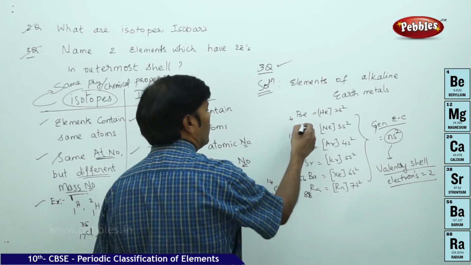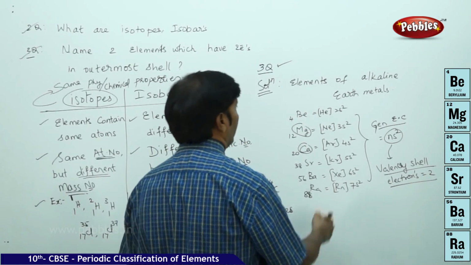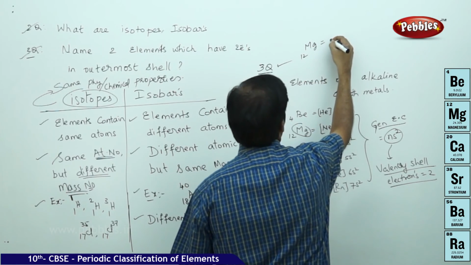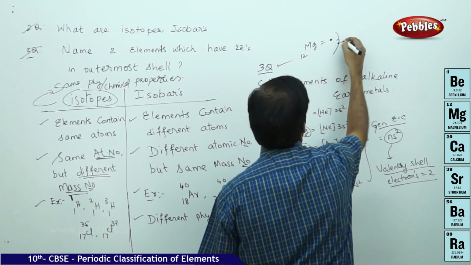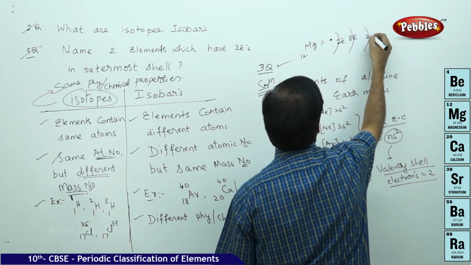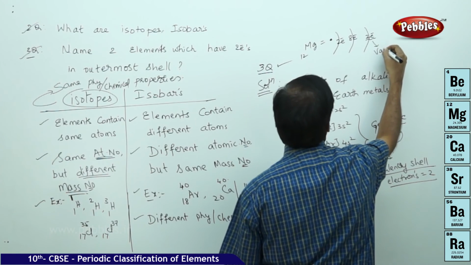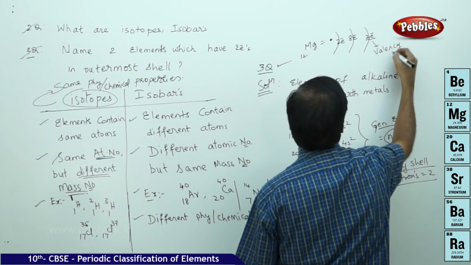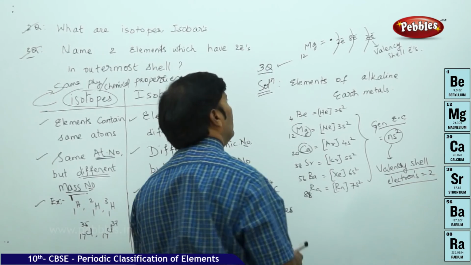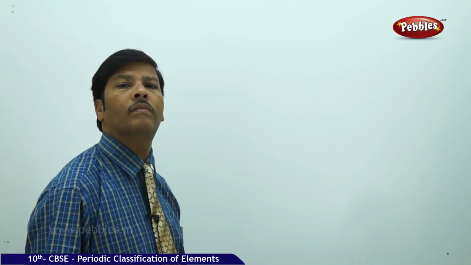You can take any two elements. Magnesium and calcium contain 2 electrons in the outermost orbit. If you take magnesium, atomic number 12, take nucleus, 2 electrons in the first orbit, 8 electrons in the second orbit, and again 2 electrons in the last orbit. These are the valency shell electrons, the electron distribution.